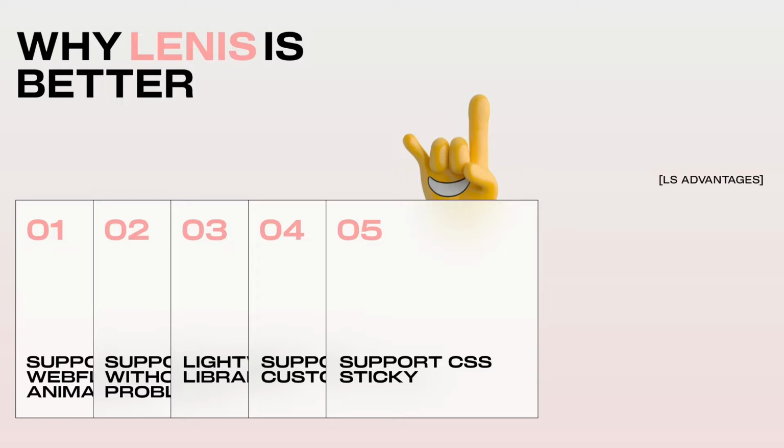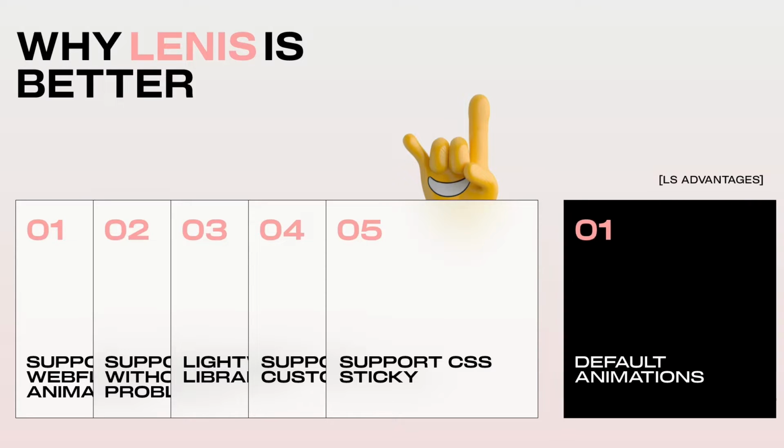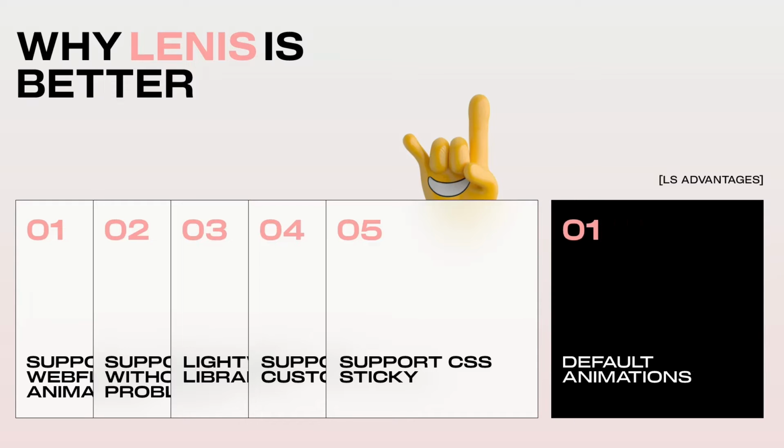Aside from that, Lenis is a light library and doesn't have any impact on the website performance. The best thing about this library is you can customize the easing or how smooth it should be easily. And finally, Lenis is supporting the sticky position by default.